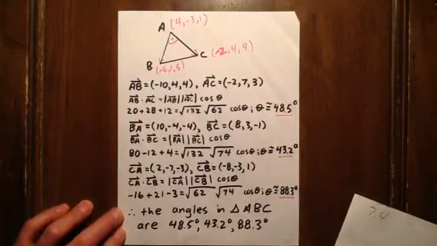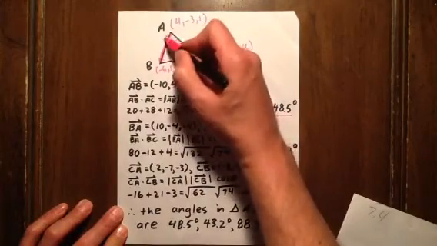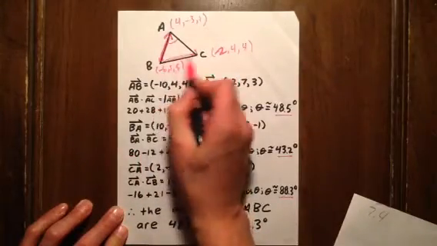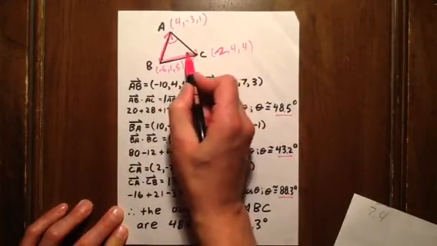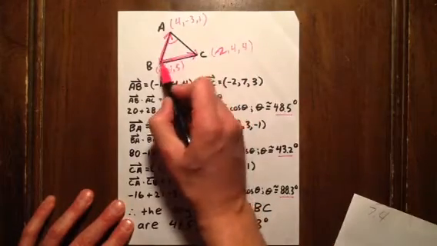What we can then do is turn around and consider the vector BA and the vector BC. And by considering those two vectors and doing the dot product there, we're going to have the angle between these two vectors tail to tail.